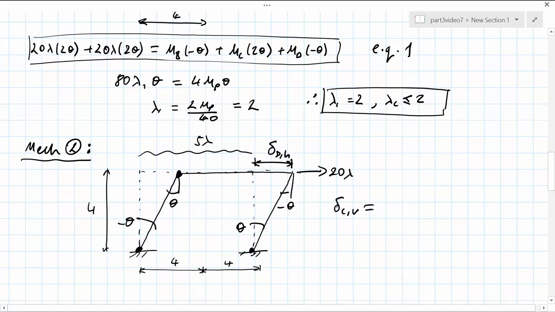Delta CV is 0, and delta DH is given by 4 times theta.